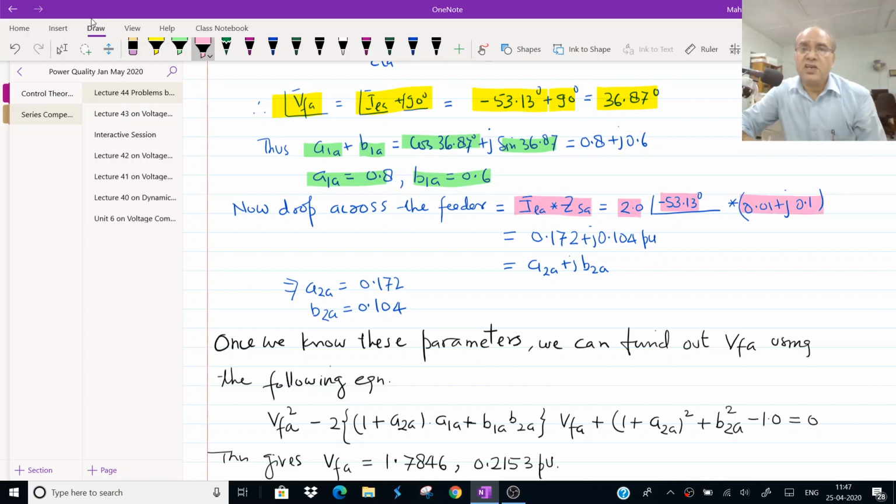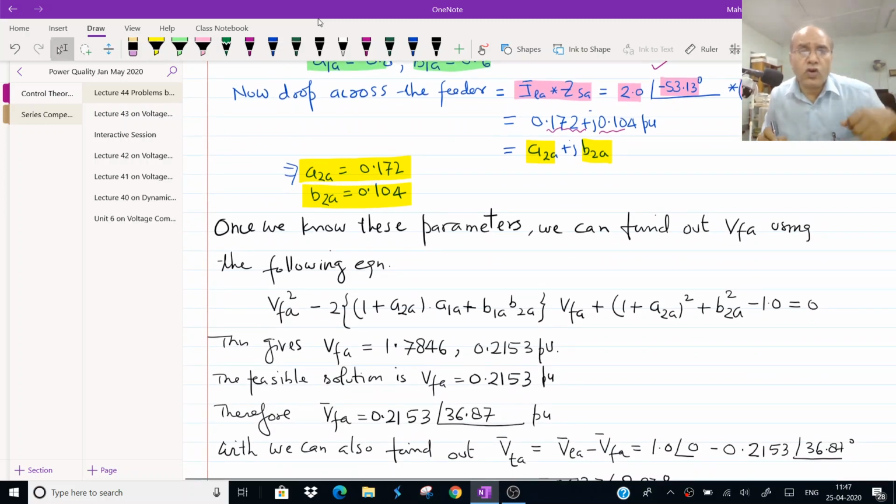This is the feeder impedance given to us, and this is the current. Multiply and solving them gives the real part and imaginary part, thus making A2 and B2 coefficients for A phase. Okay. Now we know all the coefficients.